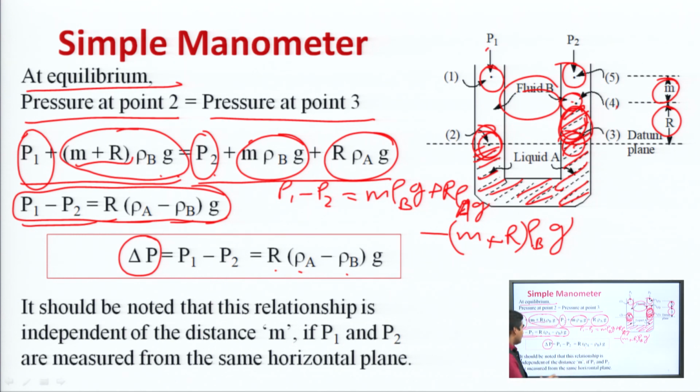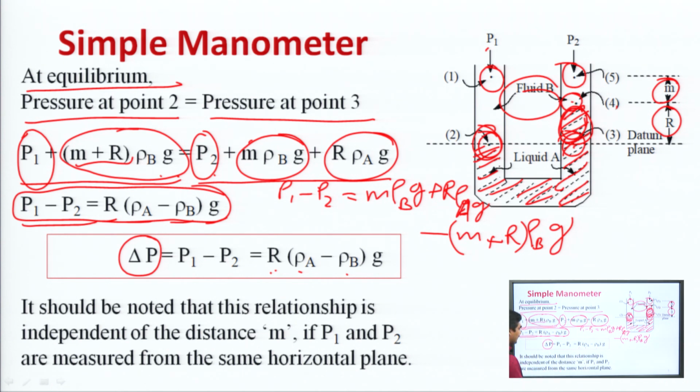If you see this equation, you will find that m is not in the final equation. That means, by seeing the equation of the simple manometer, it can be concluded that this equation is independent of m.